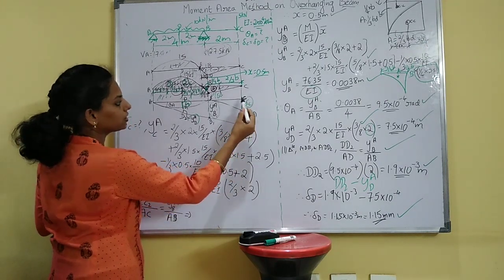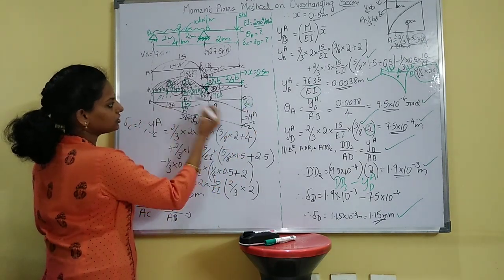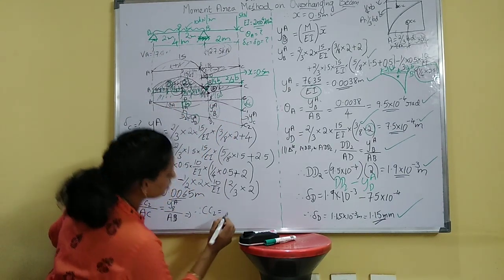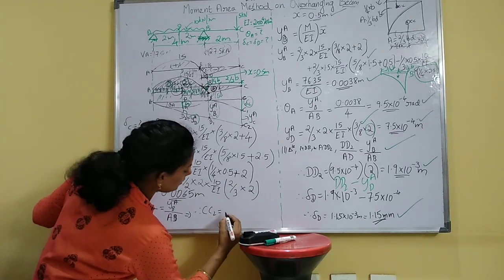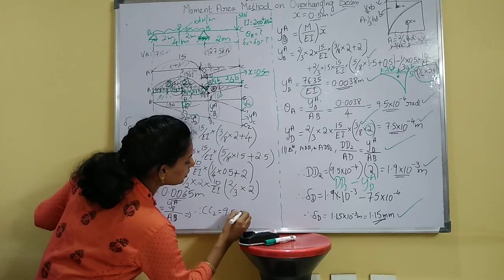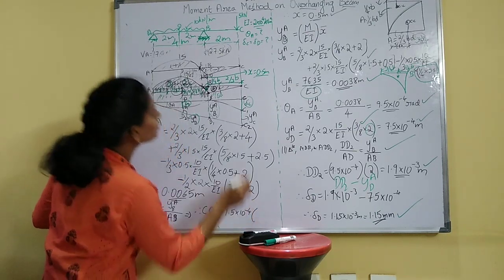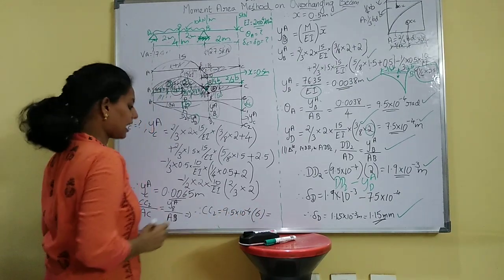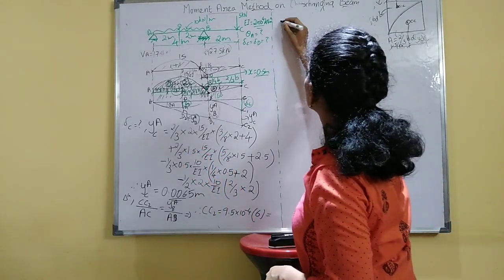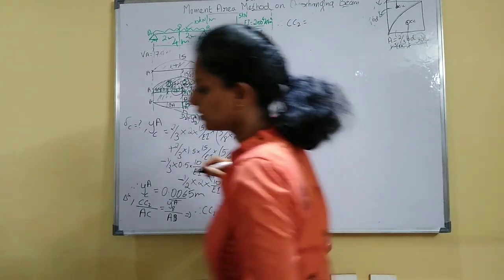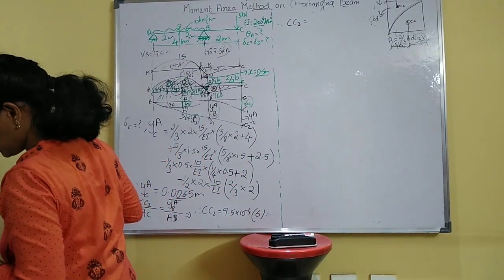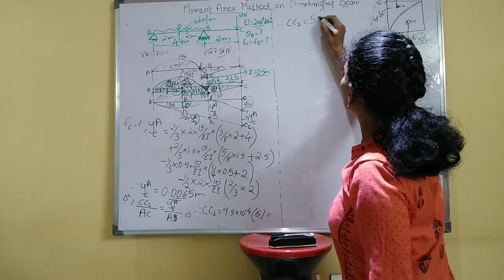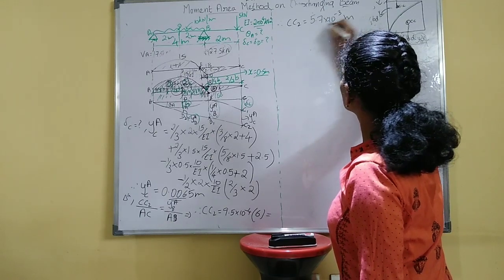From that you will calculate CC2. Okay. CC2 is nothing but 9.5 into 10 power minus 4 into distance AC, which is 6 meter, into 6. Just calculate, and therefore CC2 is nothing but 5.7 mm, 5.7 into 10 power minus 3 meter.